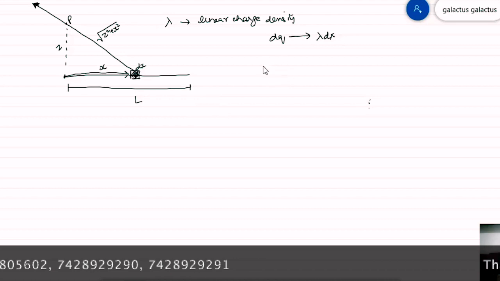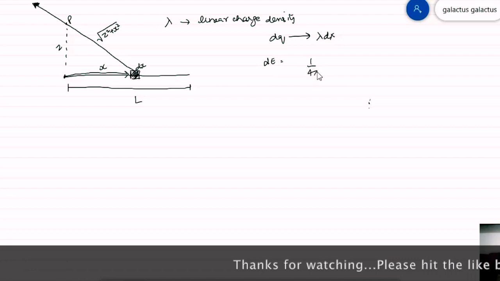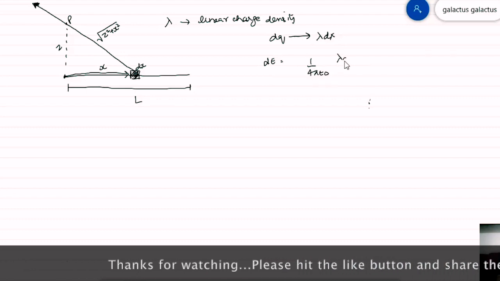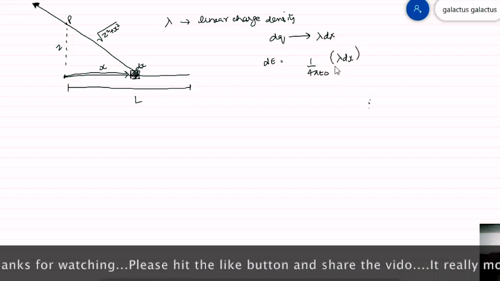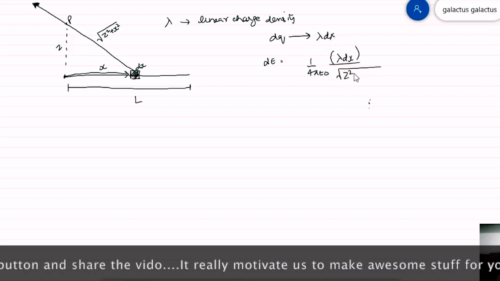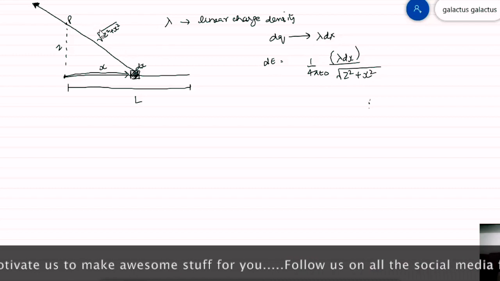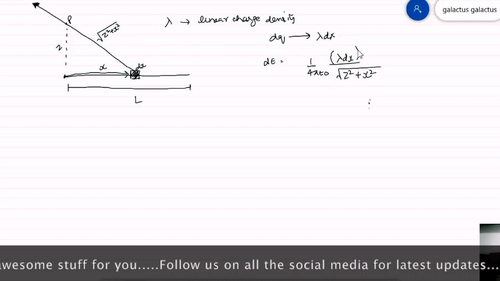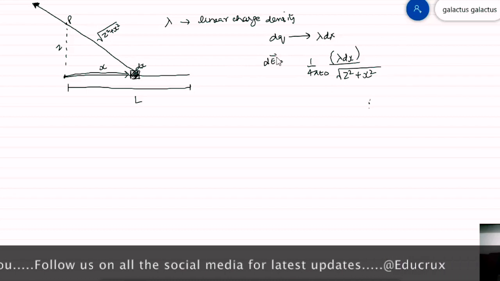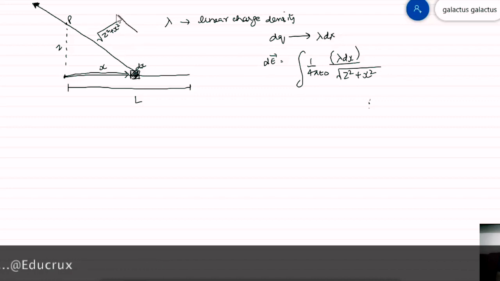So my dE is equal to 1 by 4 pi epsilon naught lambda dx, that is dq, upon Z square plus X square, and this direction is in the r cap direction. So let's say my dE vector, if this is the r cap direction, so this direction is r cap.